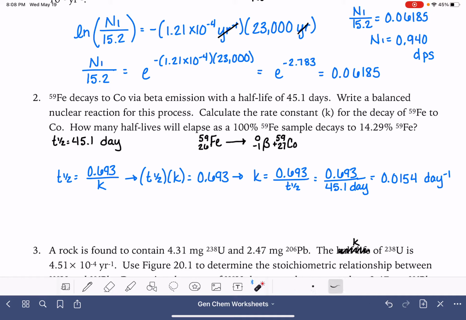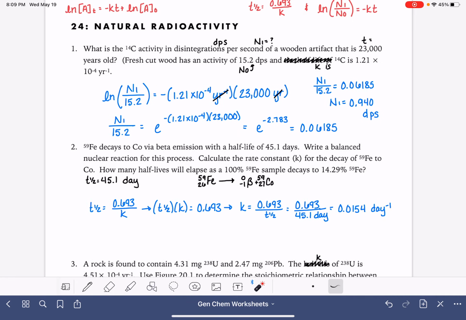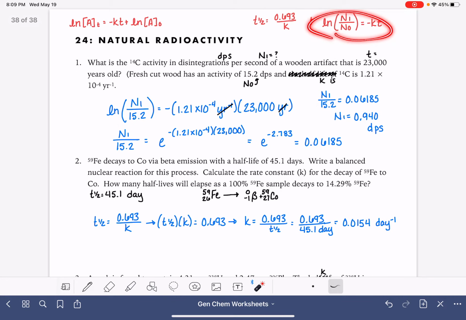So what we're going to need to do is figure out, we can't directly figure out how many half-lives it is. We're going to have to start by figuring out how much time, how many days, are going to elapse as this sample decays. This is another example of something we can plug into this equation right here.